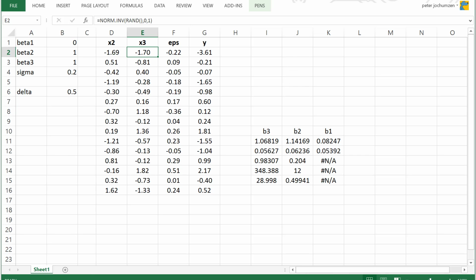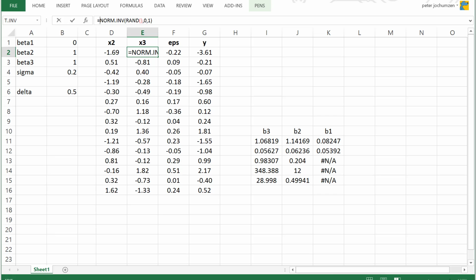So what I will do is I will change my x3 so that it is determined to be 50% equal to x2 and 50% equal to this random number from the normal distribution.